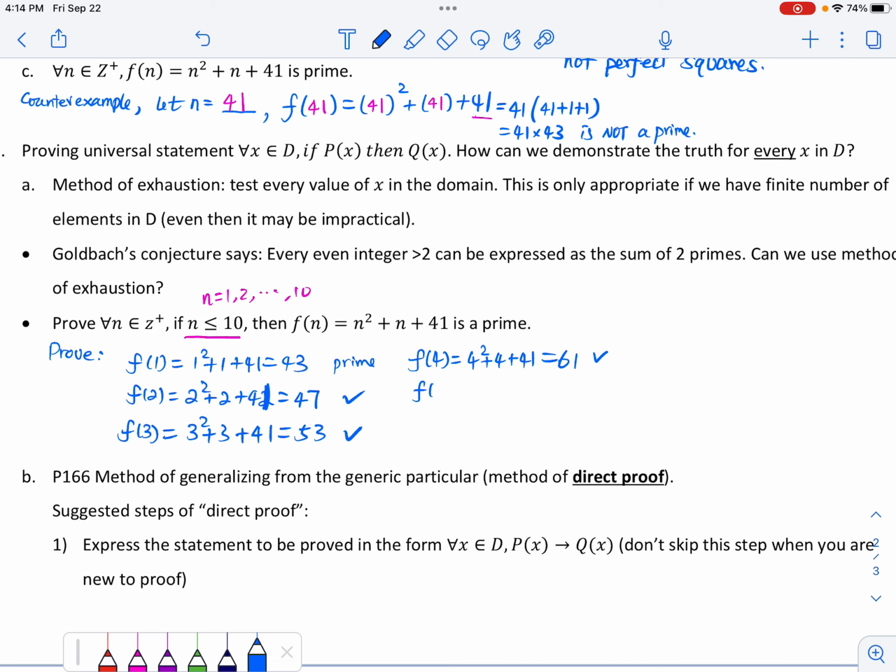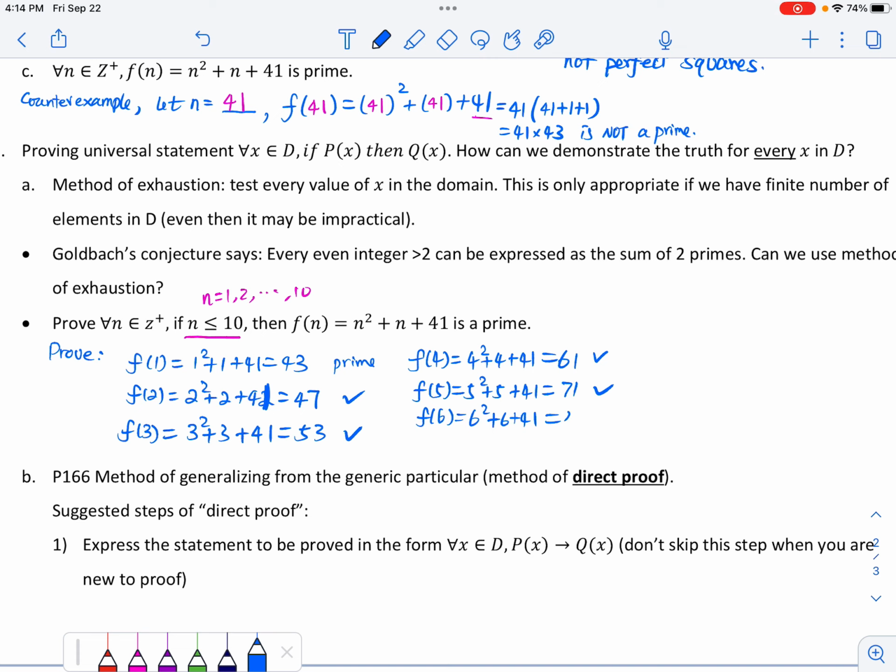And f of 5, 5 squared plus 5 plus 41. 5 squared is 25, plus 5 is 30, plus 41 is 71, which is a prime, right? And f of 6, so really there's no trick, you just do that.